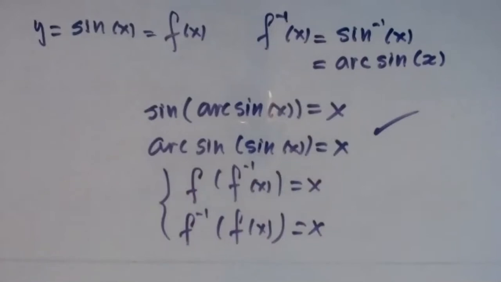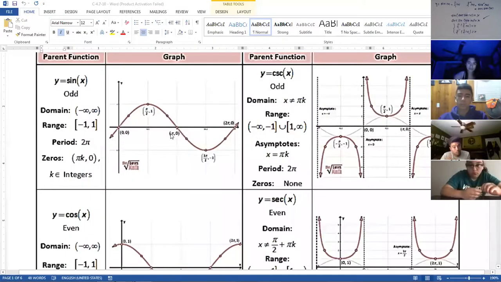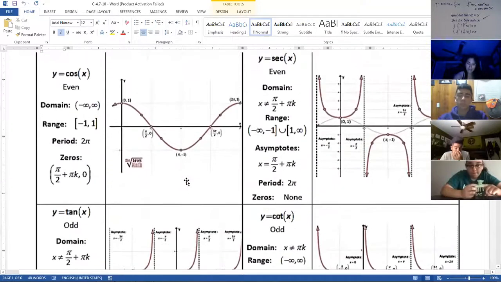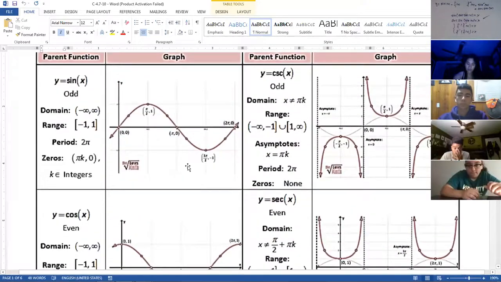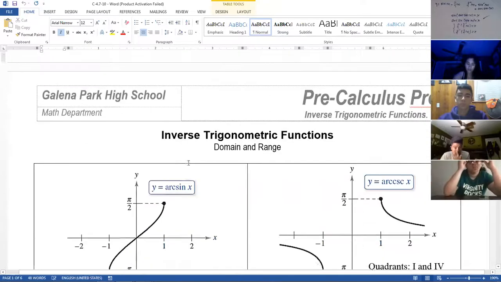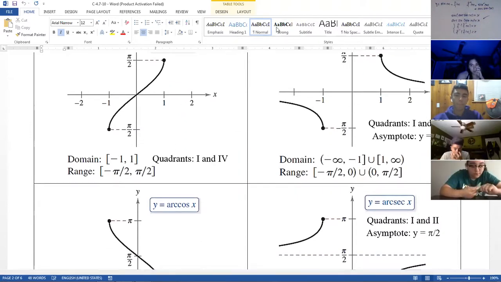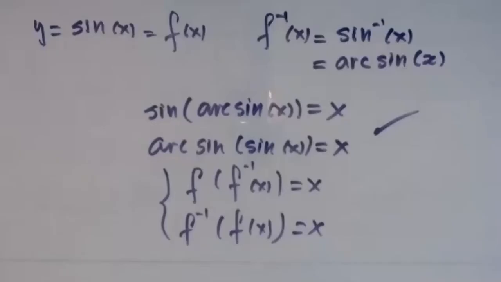Now, graphs for these ones. Okay, let me just share the screen right here, same document. These are the graphs of the sine, the cosine, the tangent, the cotangent, the secant, and the cosecant. The inverses are in this one. So this assignment is right here in the Google Classroom.